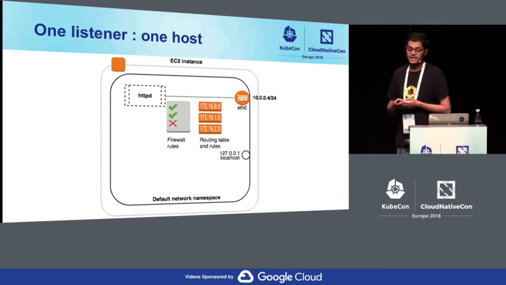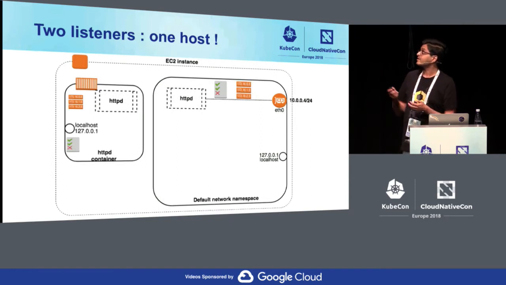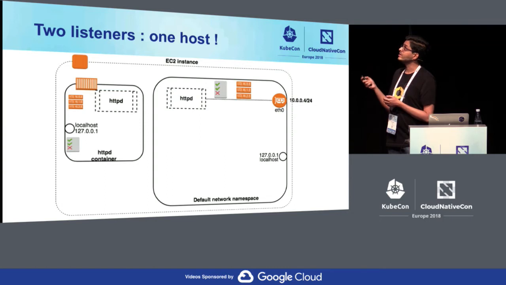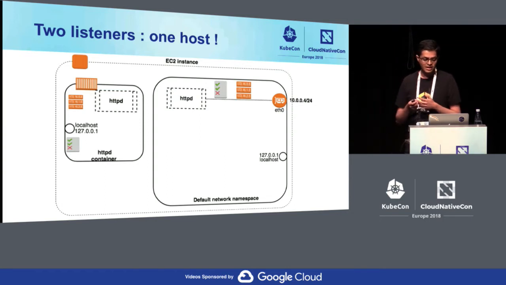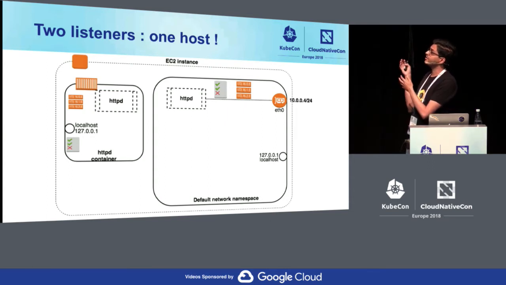Containers change this paradigm where you can have multiple network namespaces and have processes belong to these namespaces. So by default, these namespaces are isolated from each other. So if I wanted to run two HTTP daemons on one host, I would instead create a container, and the second HTTP daemon is running within the container, and the first one is running in the default namespace.